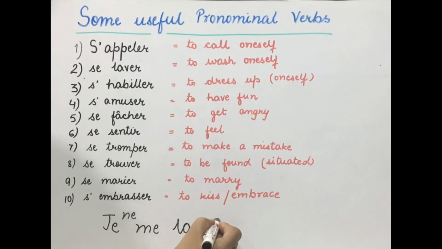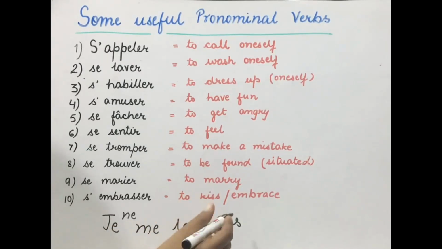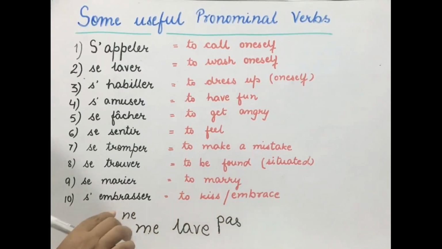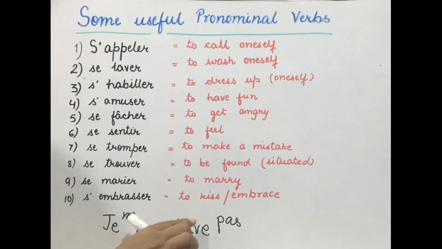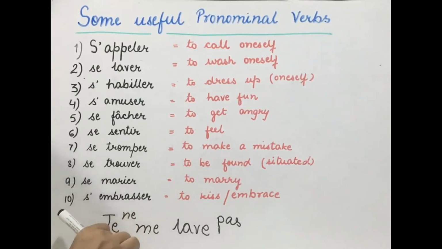For making negatives we use ne and pas, and because this pronoun is now part of this verb, we use ne and pas before this pronoun and the conjugation. Okay, so it becomes je ne me lave pas. This is important because many people commit mistakes here. So je ne me lave pas. Be clear about this.